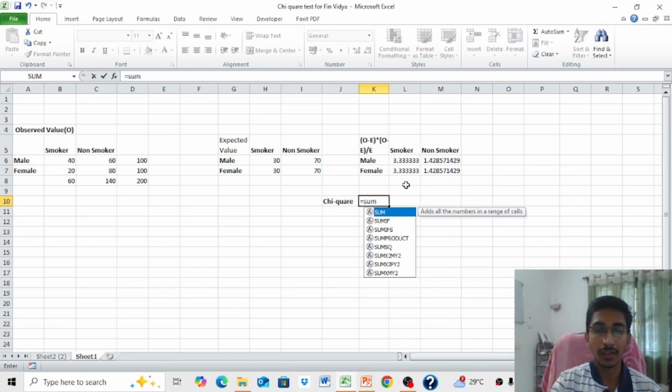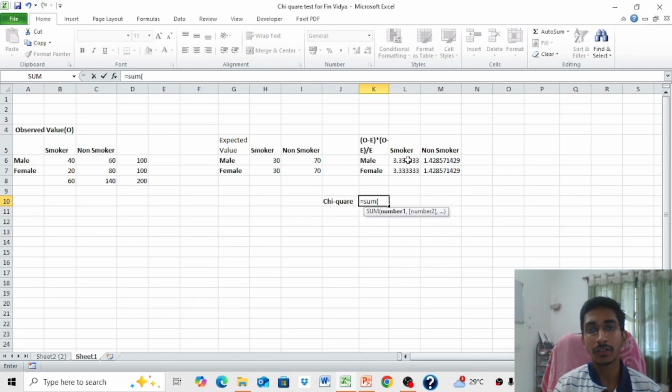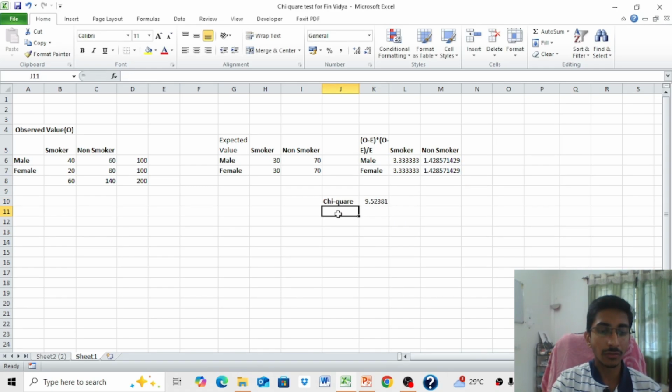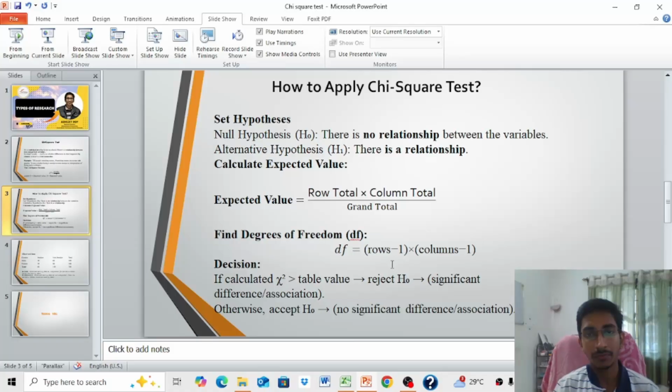Equal to sum, we just take the sum of all values, enter, right. Now we have to calculate the degree of freedom. How? Just check it: row minus 1 multiply by column minus 1.